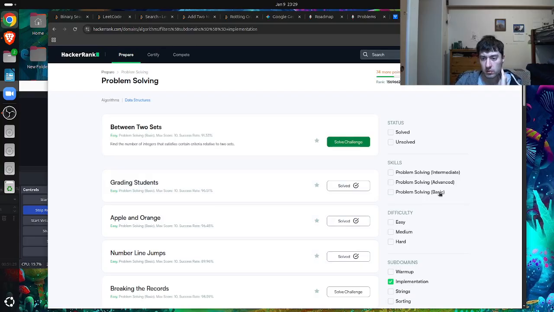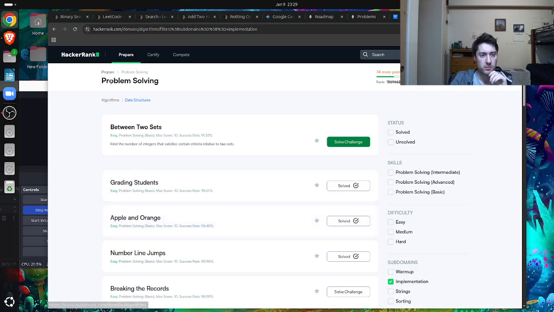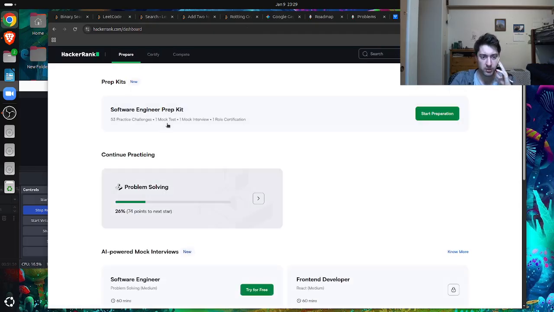Problem, algorithms, data structures, right? And we have solve challenge. Does this mean that all of them are going to be within this kind of implementation component? Let's see, prepare. I'm just looking around to kind of understand this a little bit more. So we have the problem solving, right? Okay.